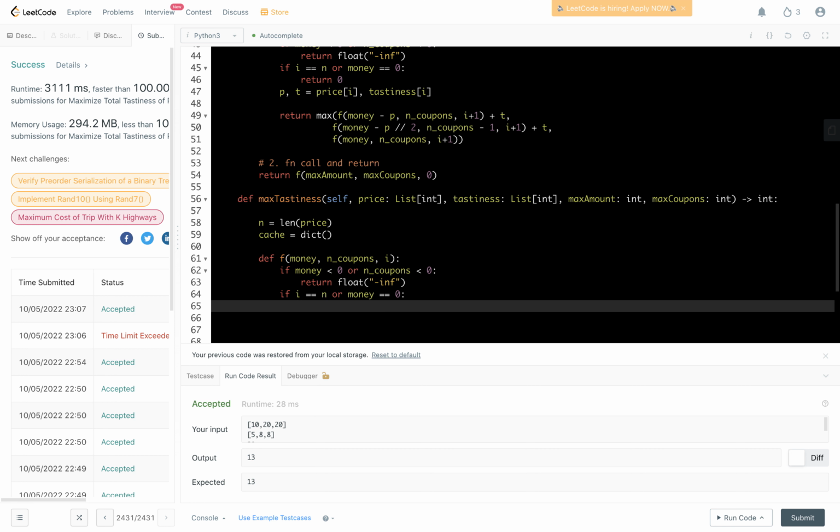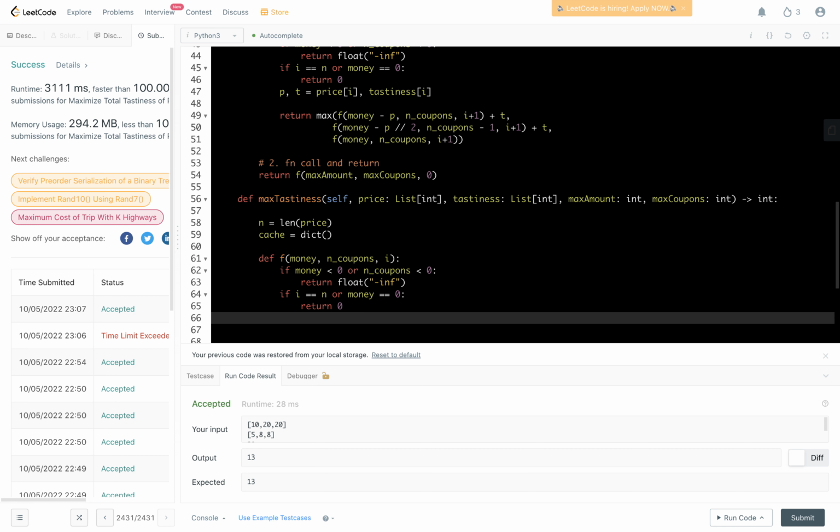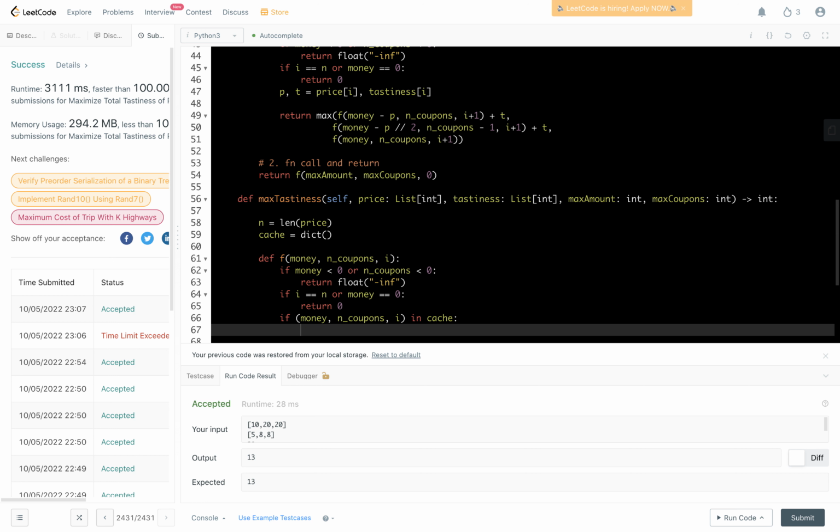This is the one case. Another case is if i equals n, or money equals 0, so we're going to return 0.